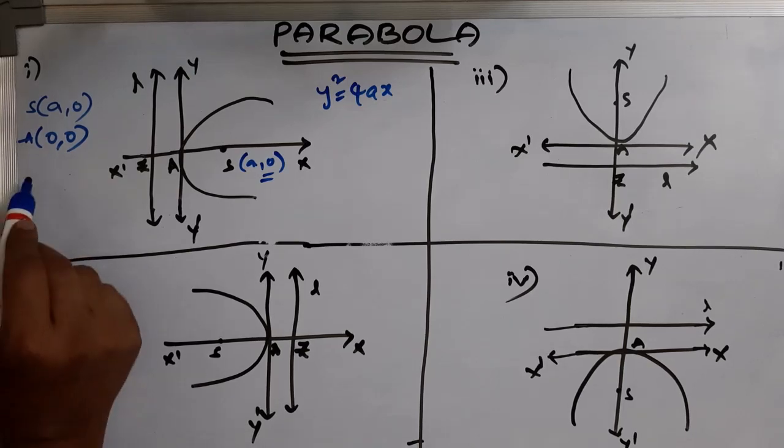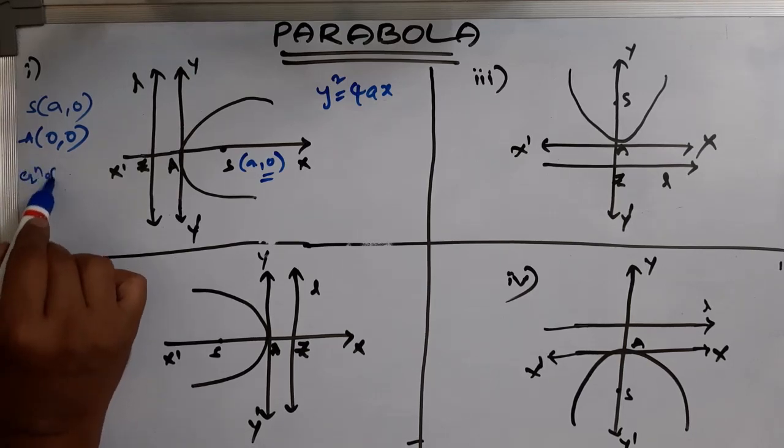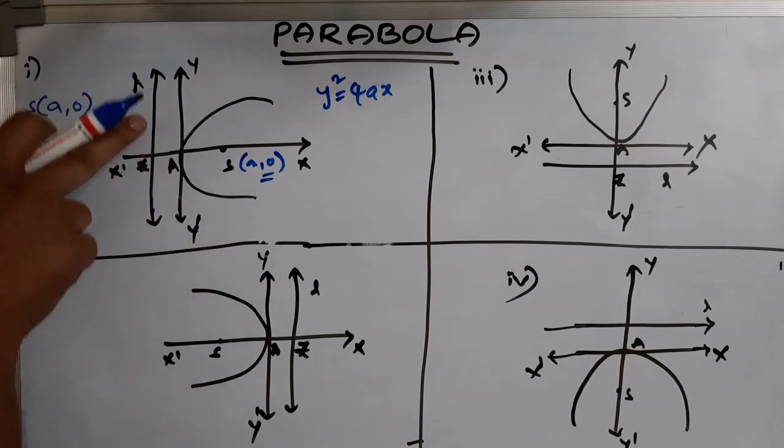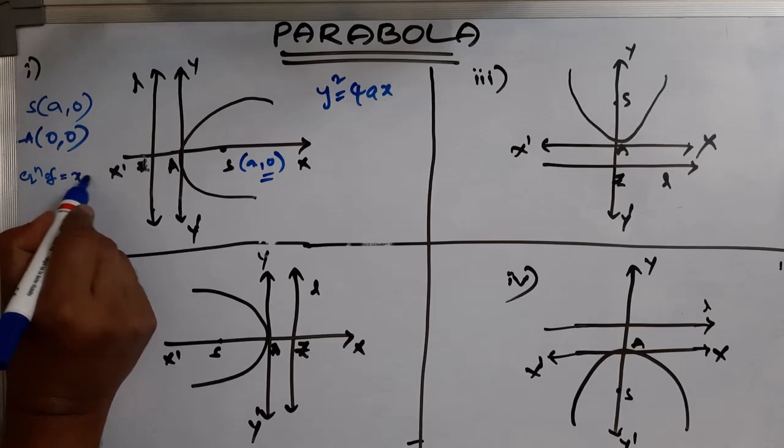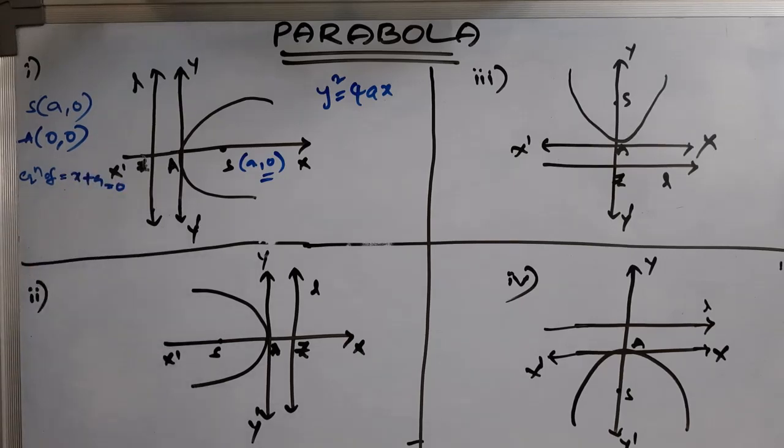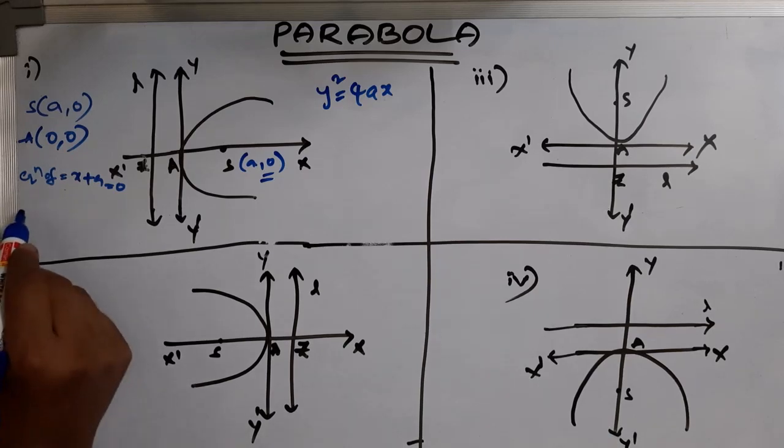The equation of directrix can be written as x plus a is equals to 0. Next, the equation of axis.